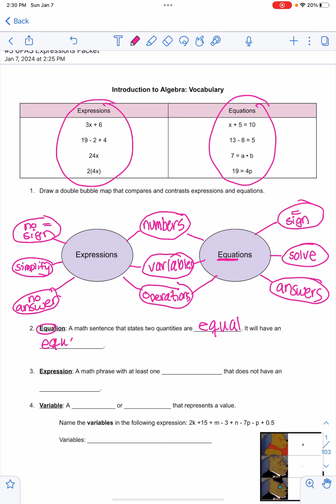If you said answer, you were still on the right track. An expression is a math phrase with at least one operation. So that's the plus, minus, times, divide. It does not have an equal sign.